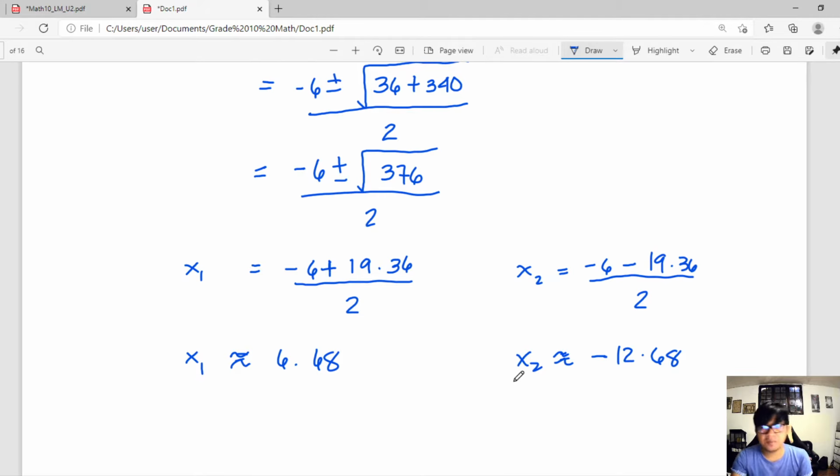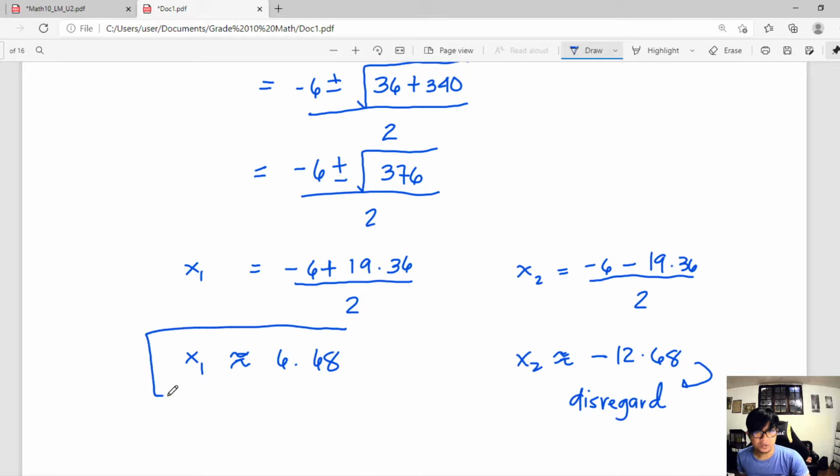In this case, we will disregard the negative 12.68. What is the reason we disregard this one? It is because there is no such thing as a negative length. So we will accept only the positive one. This is the value of our x, approximately 6.68.